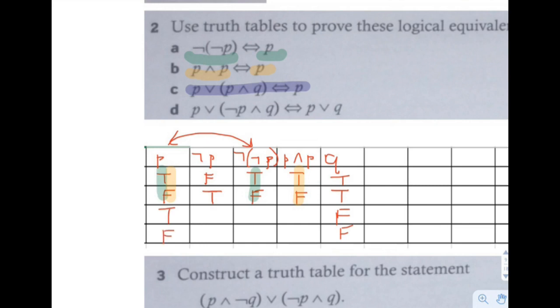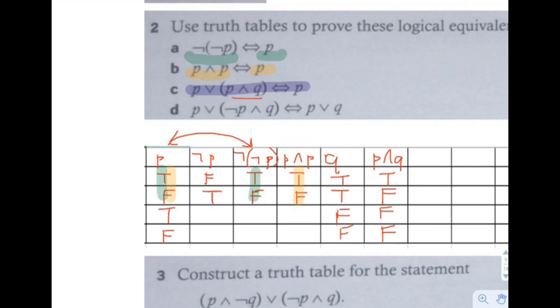And then we're going to combine all the possibilities of P and Q, and that's where we're going to have P and Q. True and true is true. False and true is false. True and false is false, and false and false is false. Okay, so we just figured out P and Q.